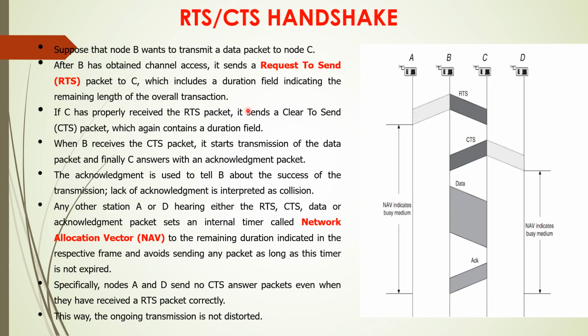Now we'll discuss the RTS and CTS handshaking method to avoid the hidden terminal problem. We consider four different stations A, B, C and D. Node B wants to transmit a packet to C. B will obtain channel access and send a request to send packet to C. Inside this RTS frame there is a duration field, which indicates the remaining length of the overall transmission.